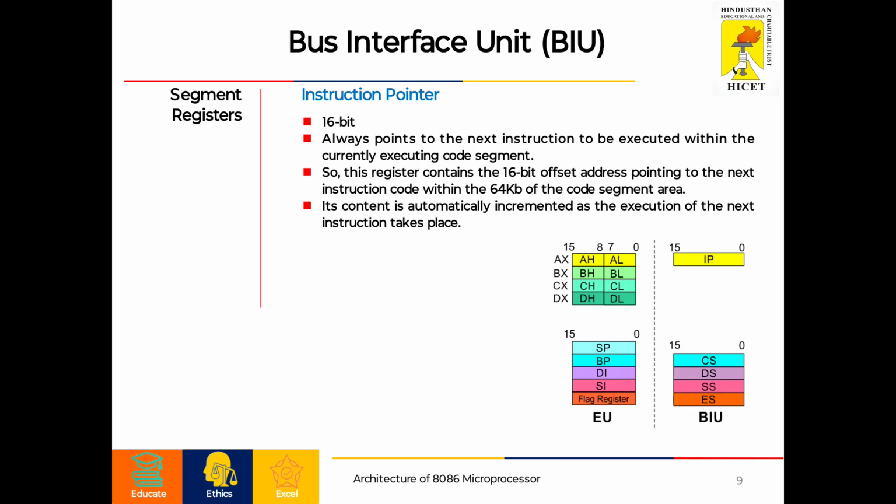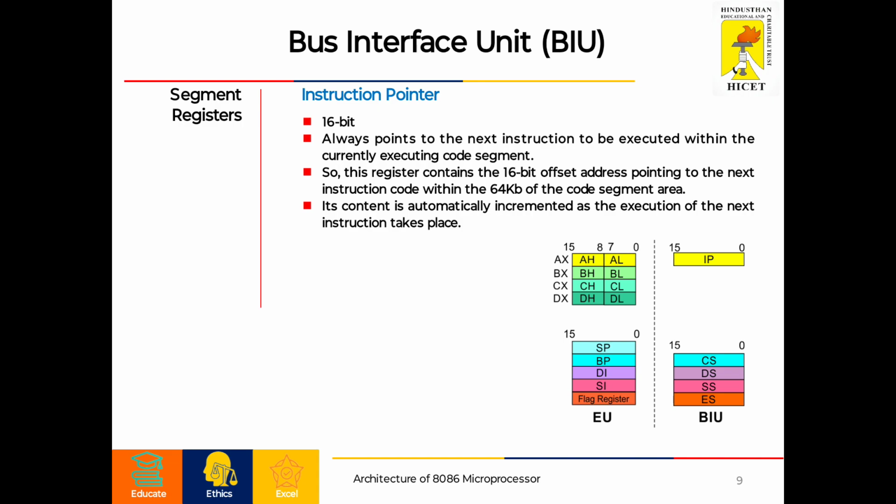Next one is the instruction pointer. The instruction pointer is a 16-bit register. It always points to the address of the next instruction to be executed.